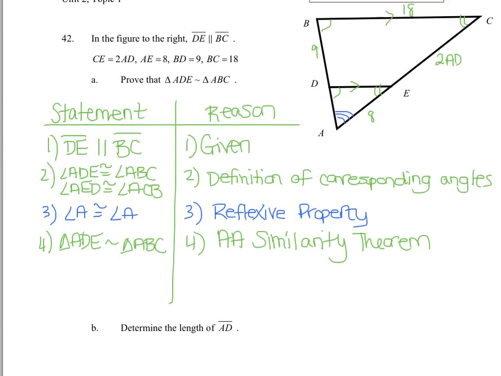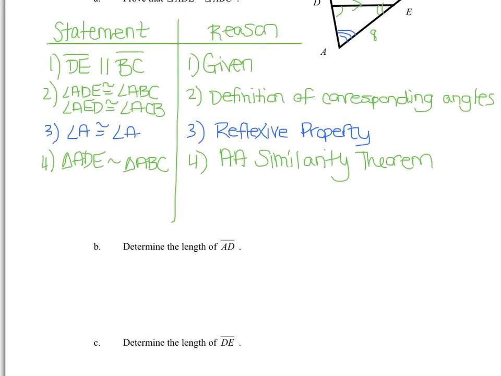I know that AD is proportional to AE, and I know that DB is proportional to EC. And that's the side-splitting theorem.